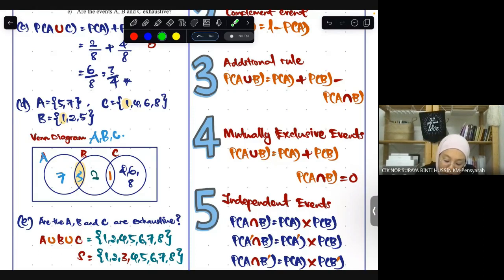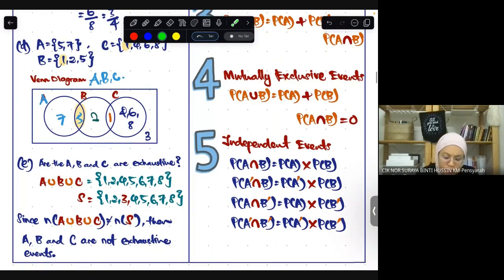And we only have 1, 2, 4, 5, 6, 7, 8. Where is the number 3? The number 3 is missing. So the number 3 will be outside here, outside of the circle, because our elements are numbers 1 to 8. So number 3 cannot be left out, it must be placed there too. So this is the perfect Venn diagram that we should draw.